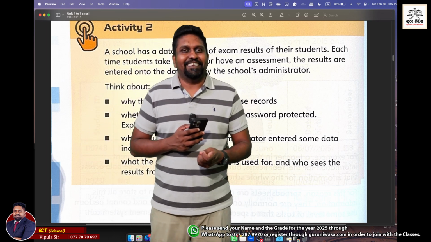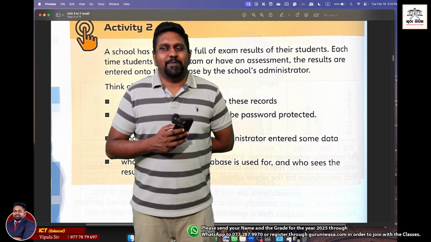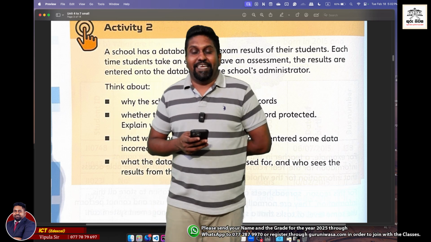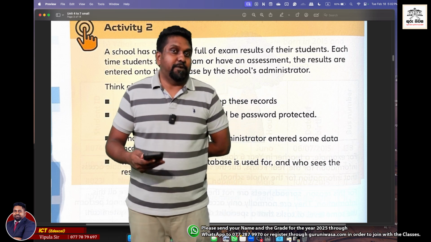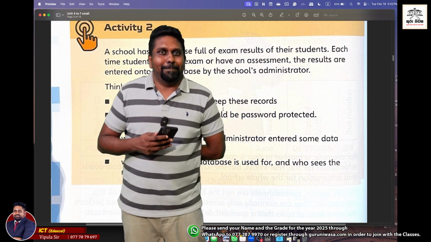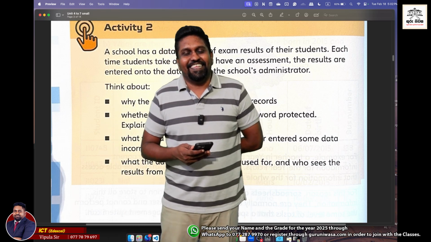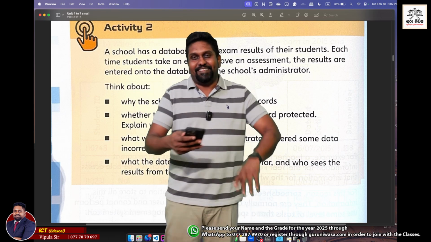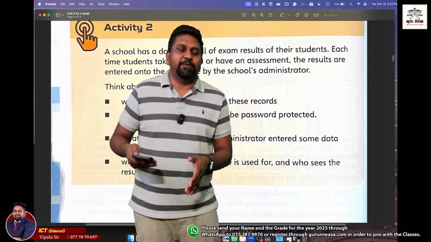How many children are there in the class? 42. So, that means you have 42 tables and 42 chairs, right? Not really, because we have connected tables, in groups, not individual tables. Ah, nice.